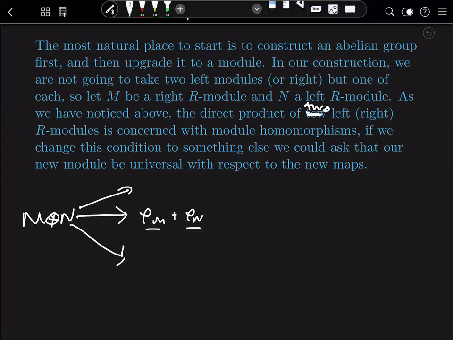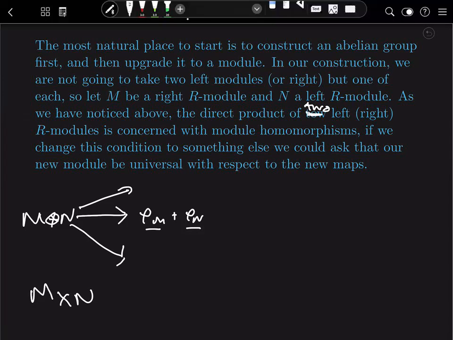Now, at the root of all of this, we're really looking at maps from M cross N that have certain structure. Phi M plus phi N has the structure of an R module homomorphism. And we can ask, are there different maps out of M cross N?